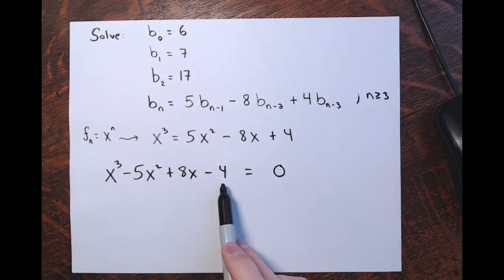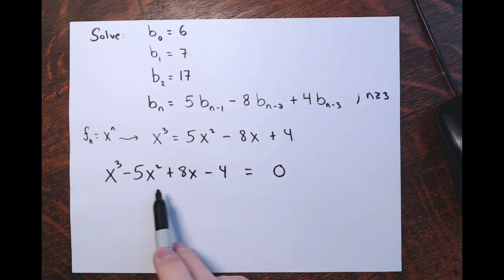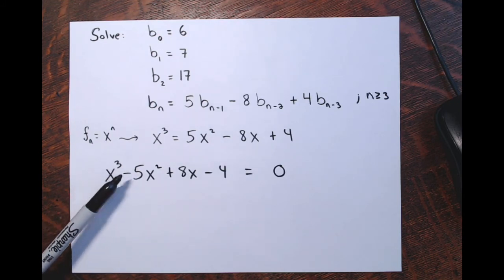Now this polynomial here doesn't look like it's factorable by grouping like the last one. So hopefully you remember how to solve polynomial equations with integer coefficients, right? All the coefficients are integers: 1, -5, 8, -4. I can use the rational root theorem, rational zeros theorem.